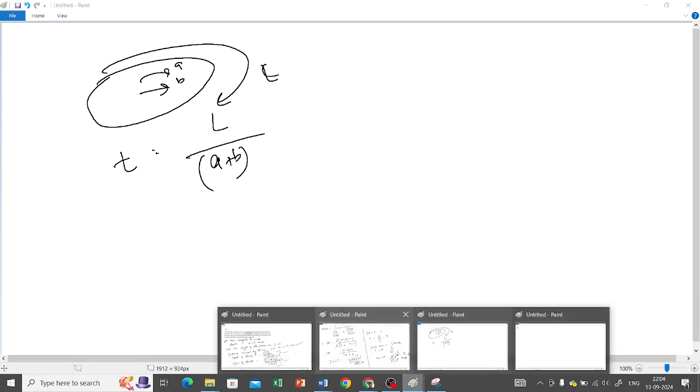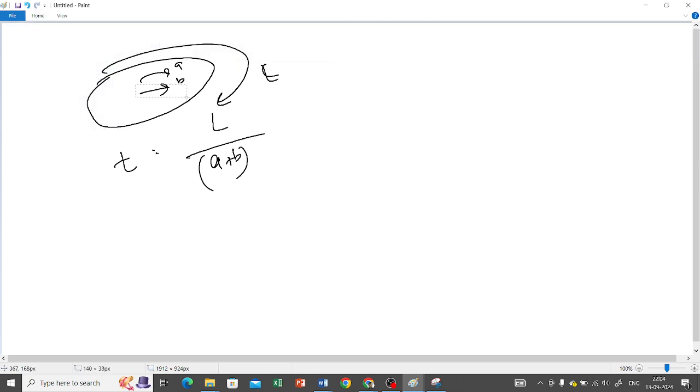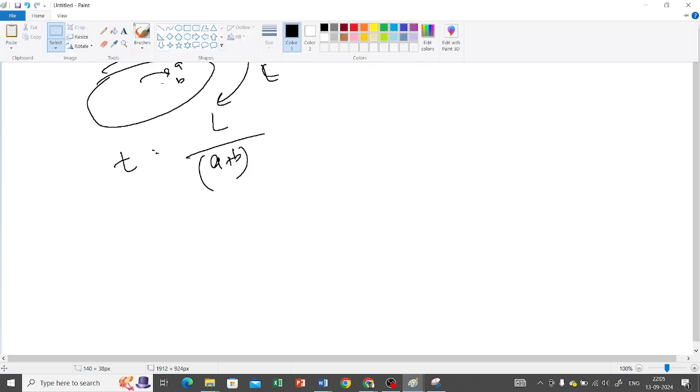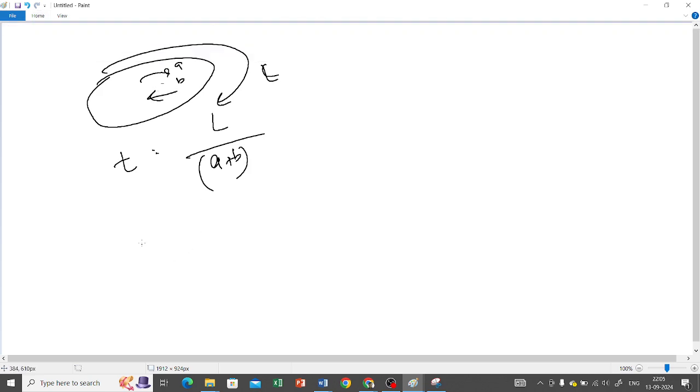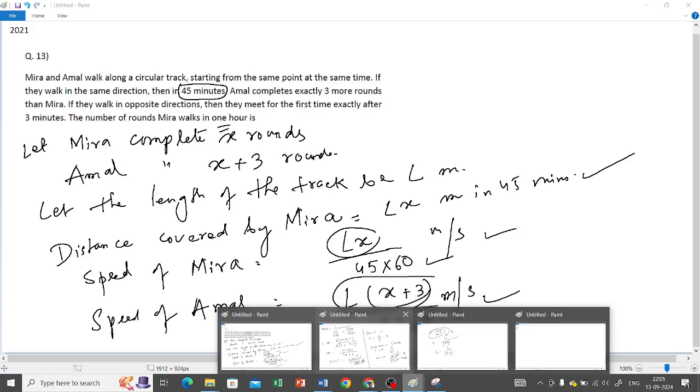Because they are moving in opposite direction. For opposite direction it is L divided by A plus B. For same direction it is L divided by A minus B, right?